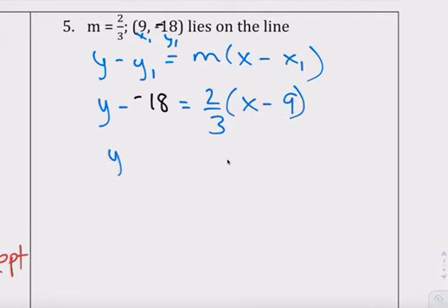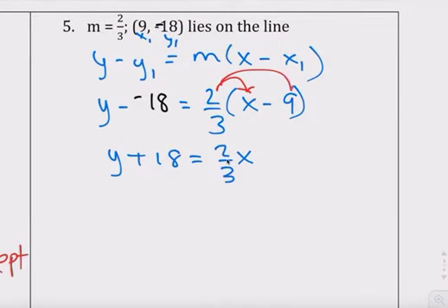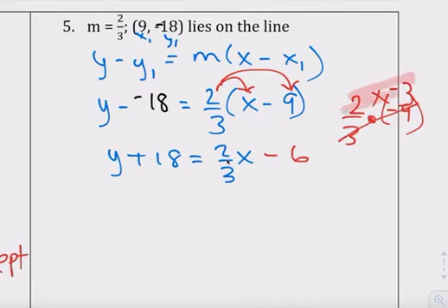Okay, this becomes y plus 18 equals 2 over 3 x, and then you multiply this times this on the side, 2 over 3 times a negative 9, or just 9. Cross cancel, that's a negative 3. That gives you a negative 6 when you multiply these together, okay?